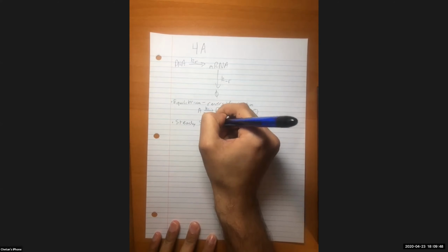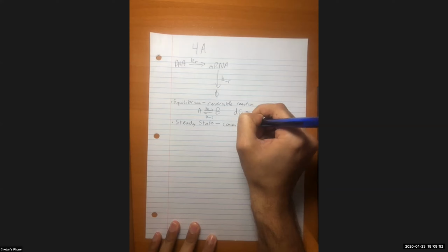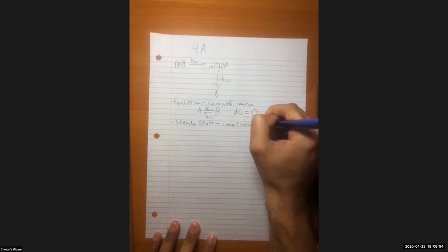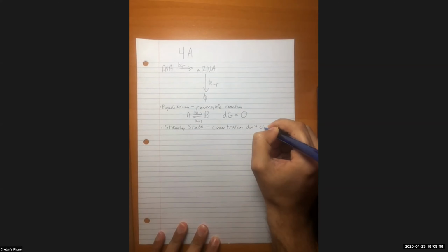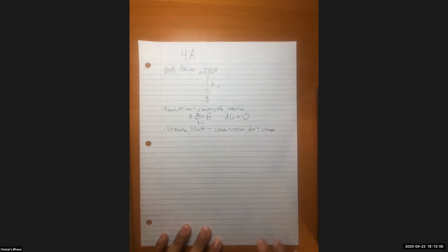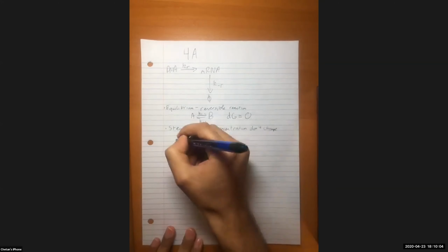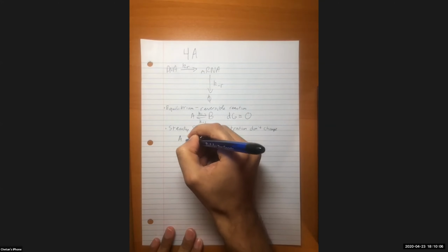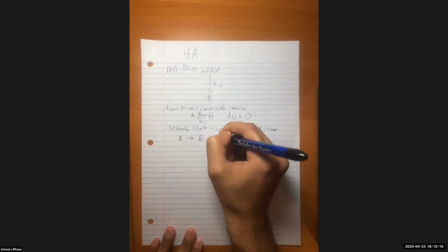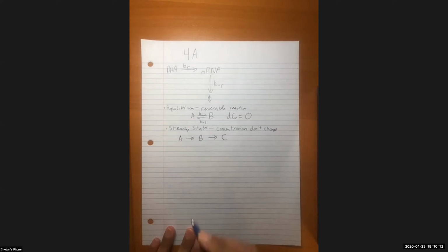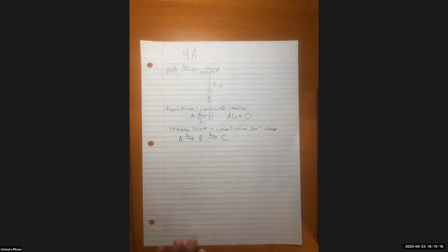In steady state, we have that concentrations aren't changing, right? So they're steady. Concentrations don't change. But we usually have a slightly different scheme when we're talking about something that's steady state, which is similar to what's shown in the schematic, where we have a multi-step process. So A is being converted to B, which is then being converted to C, and we have some rate constants here.